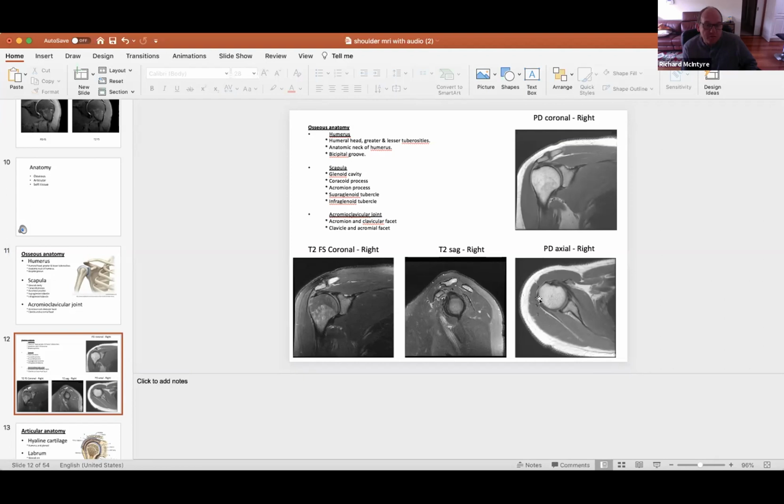We know that bones are bright in MRI when they have bone marrow in them, because the marrow has a lot of fat involved. However, bone is dark at the cortex because there are very few hydrogen molecules, which is what we image, in the cortex of the bone. So that's why you're going to get dark lines around these structures.